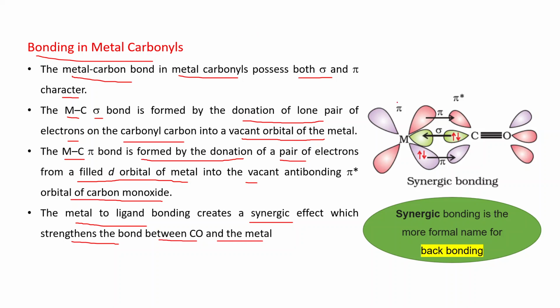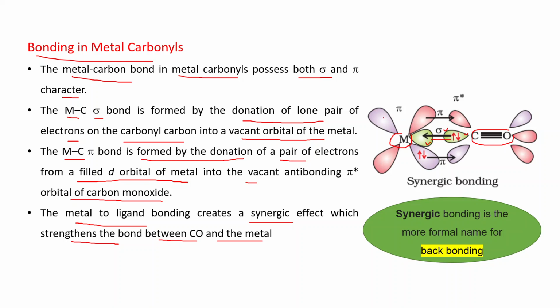From this diagram, we try to understand bonding in metal carbonyls. This is the carbonyl group, and this carbonyl group has this lone pair of electrons. This is the metal atom, and this is an empty d orbital. This lone pair of electrons is donated to this empty d orbital, forming a sigma bond.